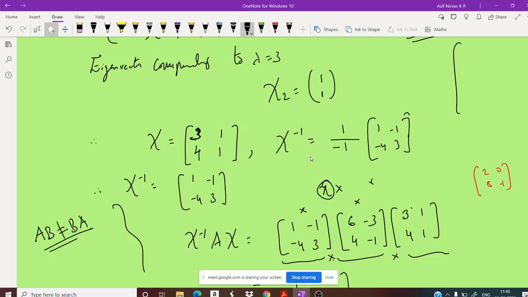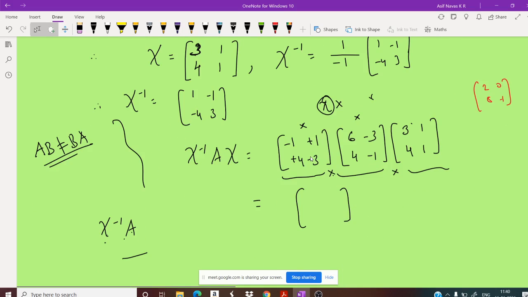Sorry. So X inverse is actually, we have to divide by the determinant, right?